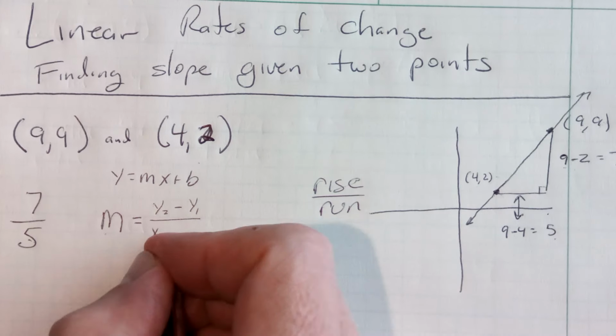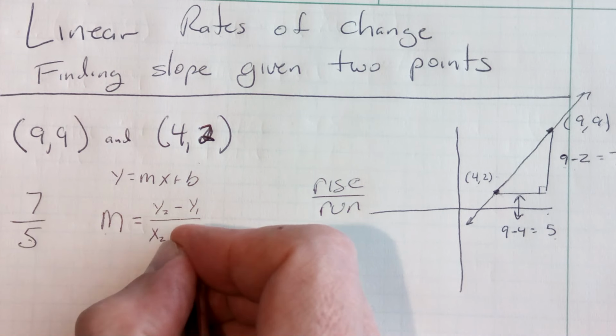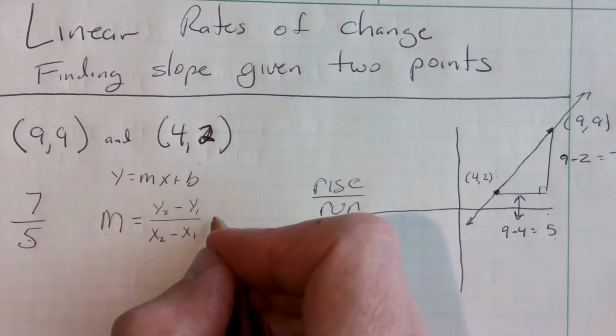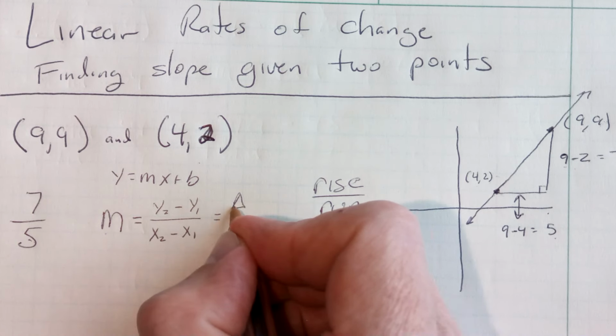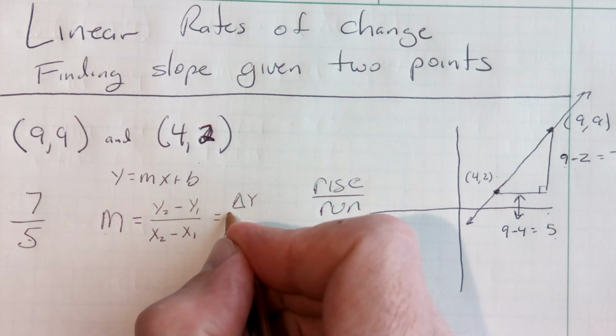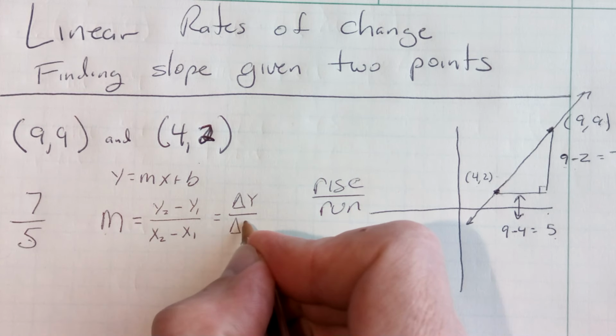So x2 minus x1. A lot of times mathematicians will abbreviate this with the capital delta: change in y over capital delta, which means change in x.